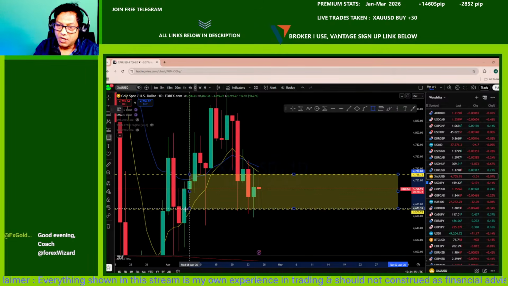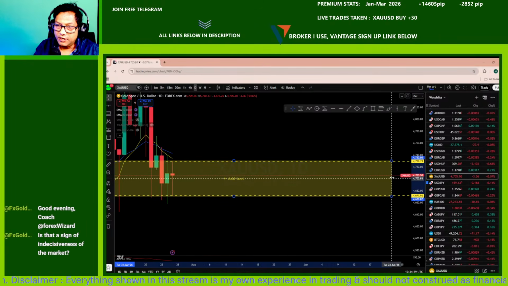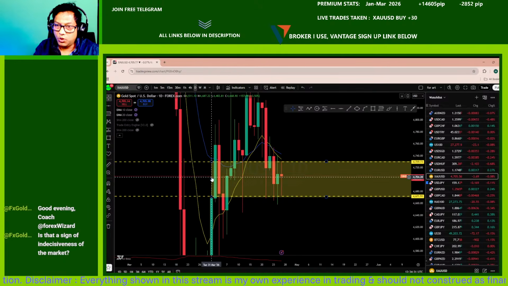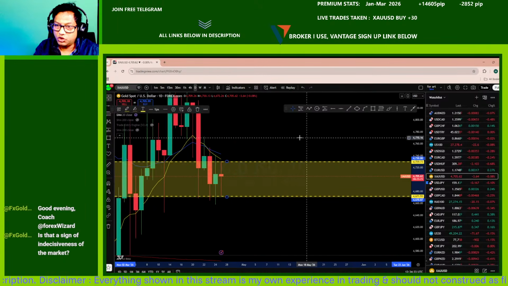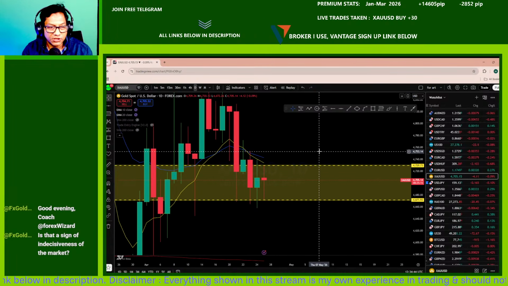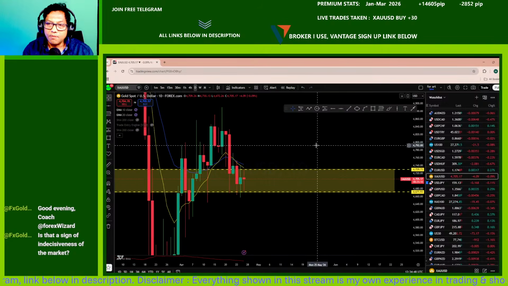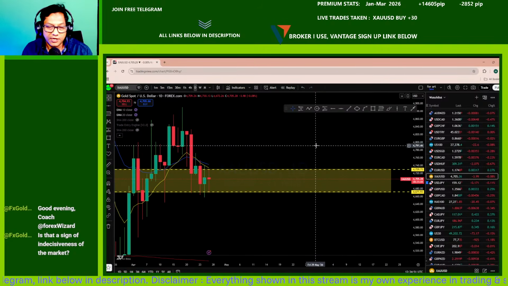That means the upper zone as well as the lower shadow of this move here in that area. So this is where we are looking at this market structure. Is this a sign of indecisiveness of the market? Yes, this is currently in indecisiveness.